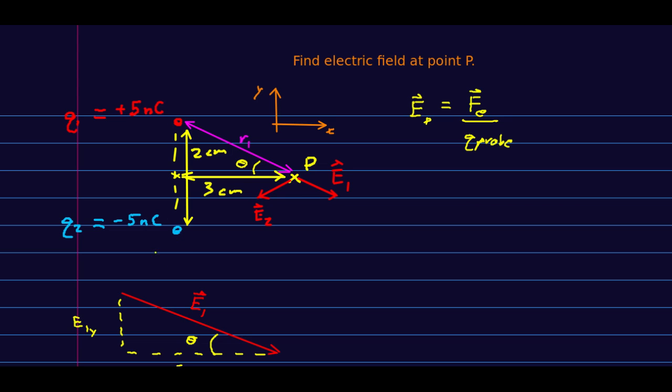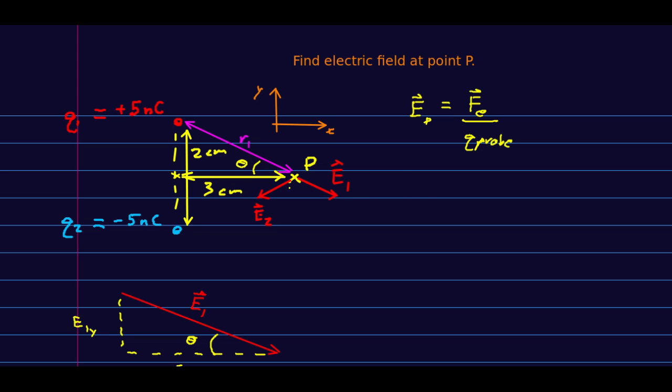Each of those forces is proportional to Q probe, so when you divide out Q probe, all you're left with is the individual E fields due to these charges added together vectorially. That's all you have to do. When you have multiple charges and you want the E field at a point, you just add up the E fields at that point due to all of your charges.